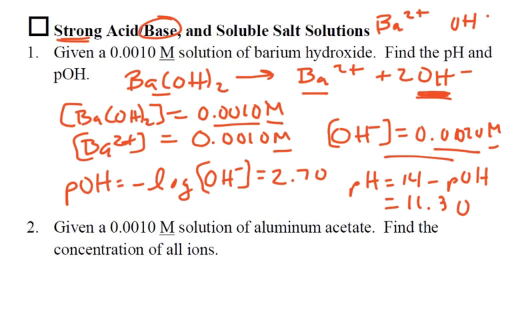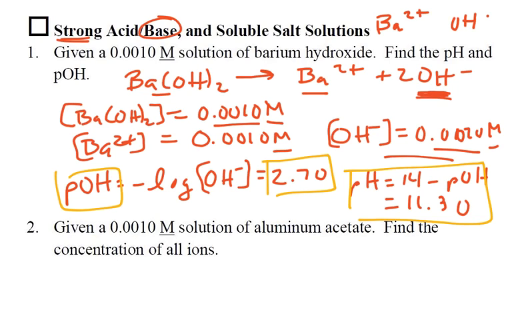So my answers here, the pH is 11.30, the pOH is 2.70, and I got that from knowing my hydroxide concentration, and I got that because I knew that my barium hydroxide concentration doubles to give me my hydroxide. So once I know the OH, I get the pOH, and I can get my pH.